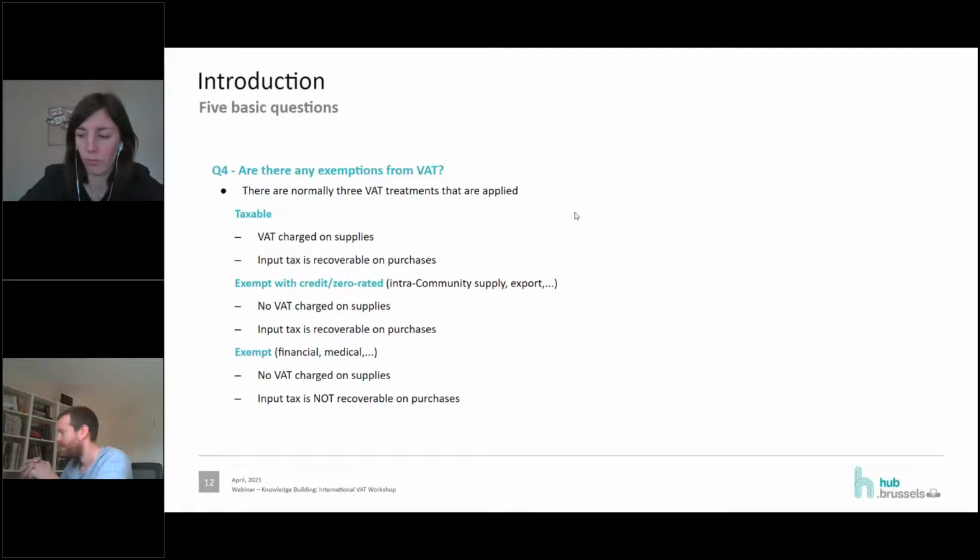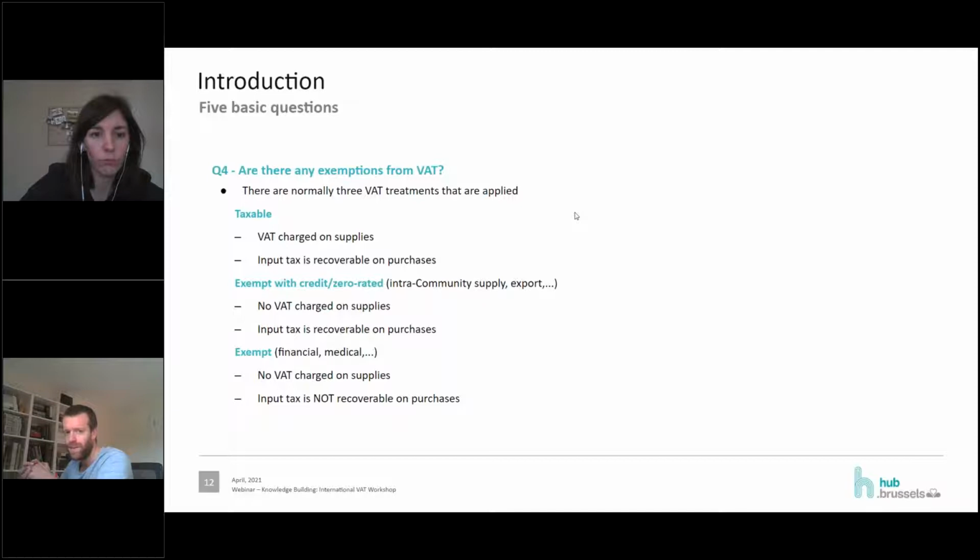So it's just a sale that you will make from Belgium to France. So the invoice that you will issue will not mention VAT because the VAT that is due is actually in France. So it will have to be self-accounted in France by either the customer or the supplier, depending if it's a transfer or not. But we're gonna go back on that aspect in more detail a bit later.